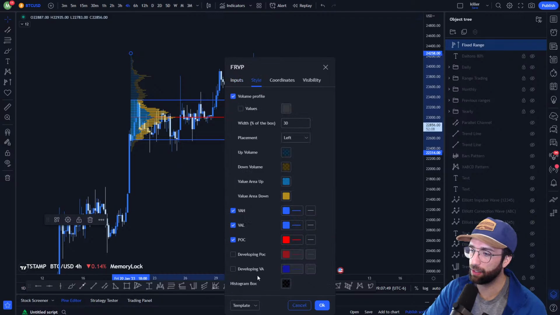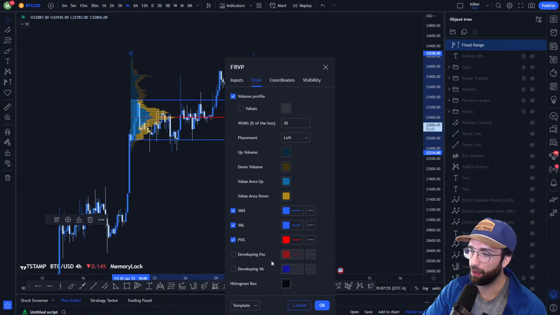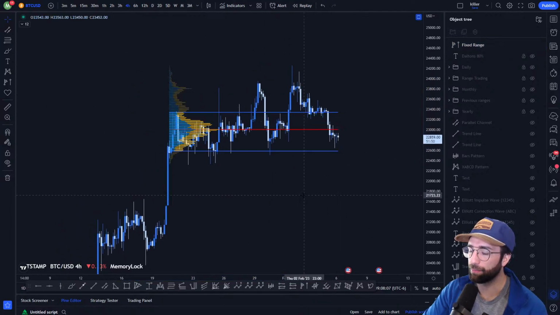I typically hide the histogram box; I don't think it's necessary. I keep off my developing levels, but I do highlight the point of control, value area low, and value area high. So that's pretty much it for settings and what I'm looking for.